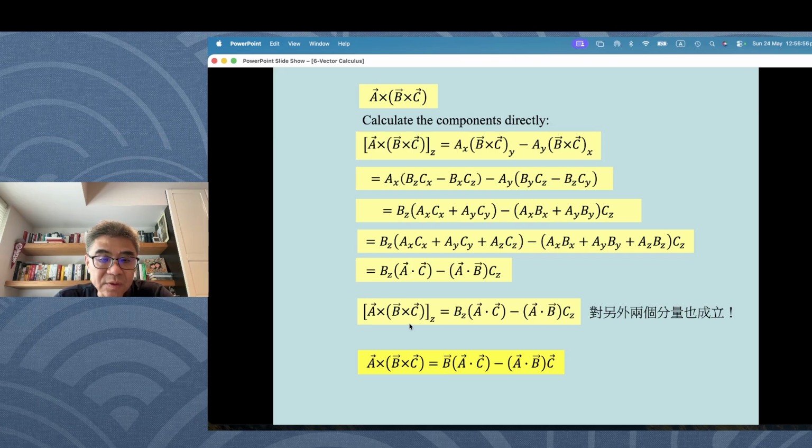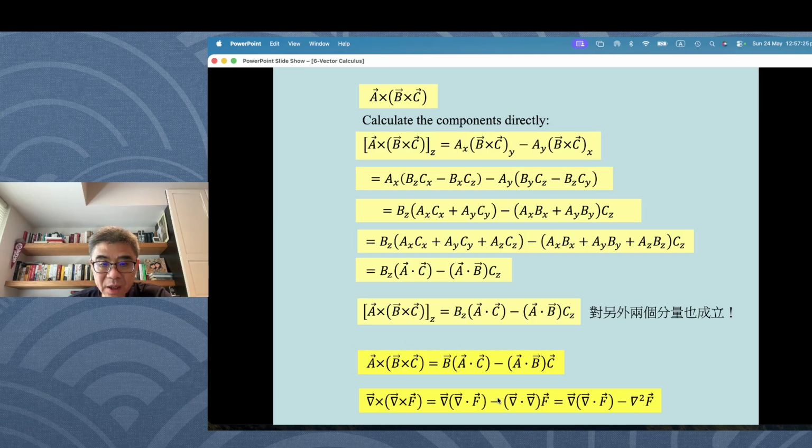So for the Z component of this, it will be equal to the Z component of B times this scalar minus the Z component of C times this scalar. Let's do it again. So the Y component of this vector will be the Y component of B times the scalar minus the scalar times the Y component of C. Okay, therefore, this is the form of the formula.